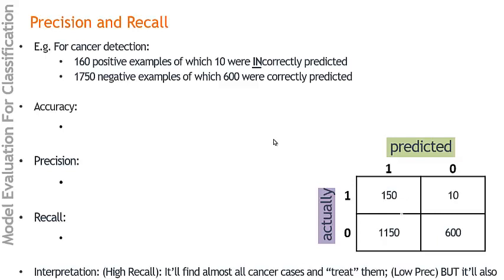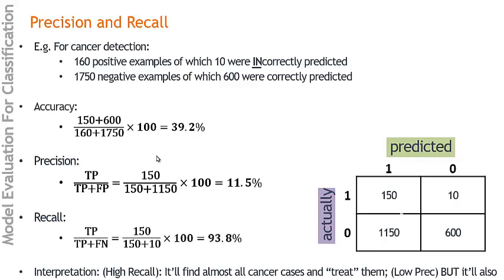All right, here we have a cancer detection case. You have the numbers here, 160 positive, 10 are incorrectly predicted, so that gives me the first row here. 1750 negative examples, 600 correctly predicted. And you can work out the accuracy, precision, and recall based on these numbers. So the idea here is that of the actual cancerous patients, you are correctly getting a lot of them. So that's good, you're getting a good recall.